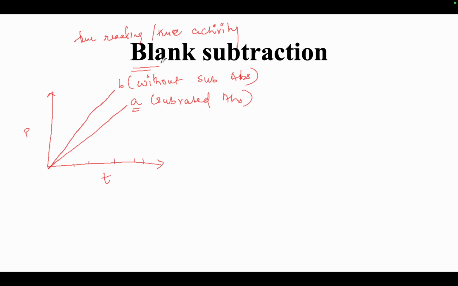It also reduces the error which we are getting from the assay mixture, and also reduces any contamination. So this is why it is very important to have a blank subtraction.